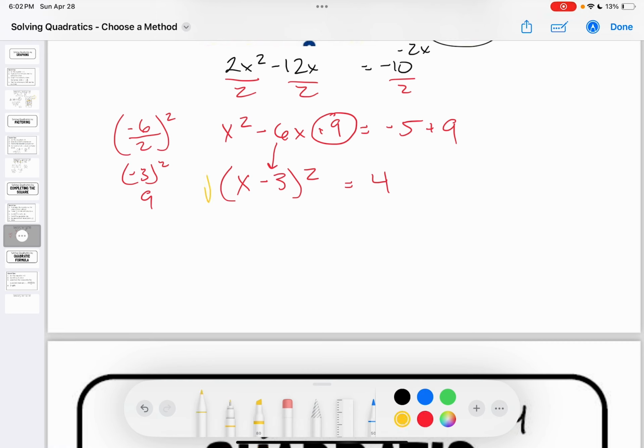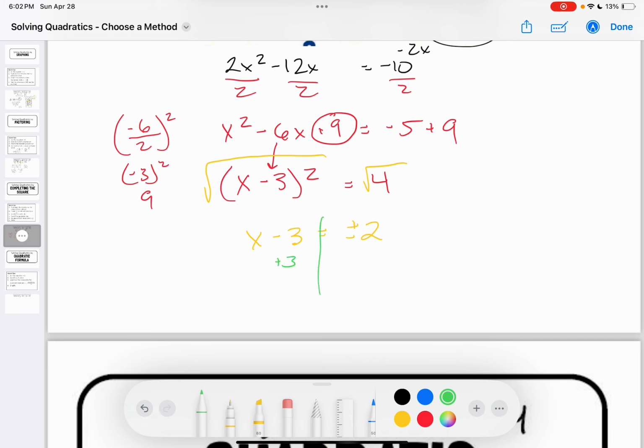I want to square root both sides here. What that allows me to do is get rid of my square on the left side, so I'm going to be x minus 3 over there. Now, square root of 4 is 2, but I've got to put in a plus or minus sign in front of that. So now I've got x minus 3 equals plus or minus 2.